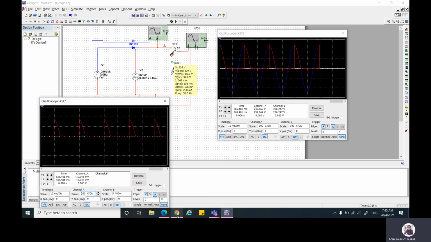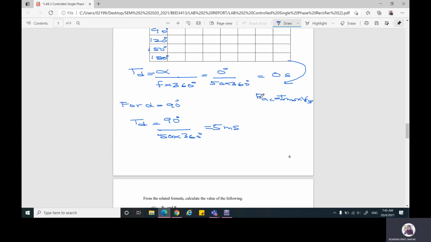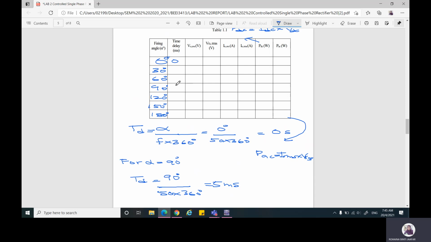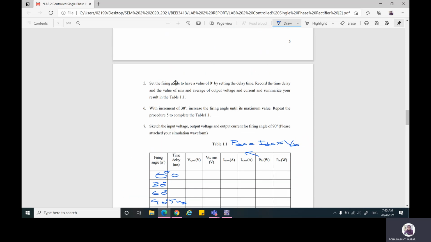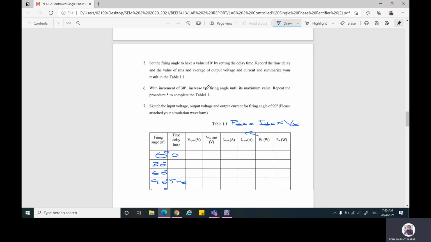So you can fill in your table here. Okay, so 90 degree time delay is 5 millisecond. So this one refer to your measurement probe. Okay, so complete this table by repeat the procedure number 5.